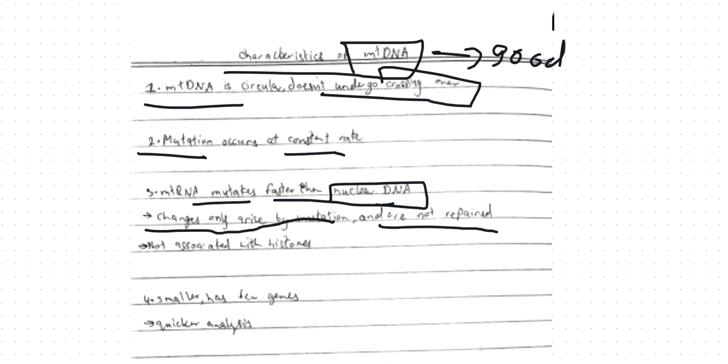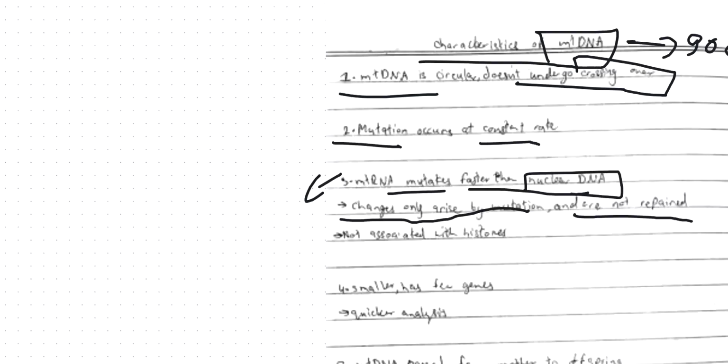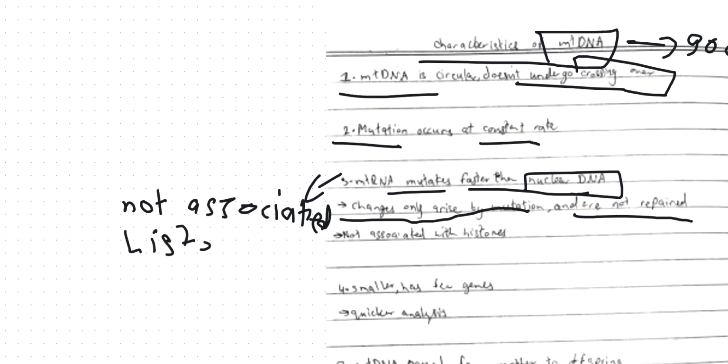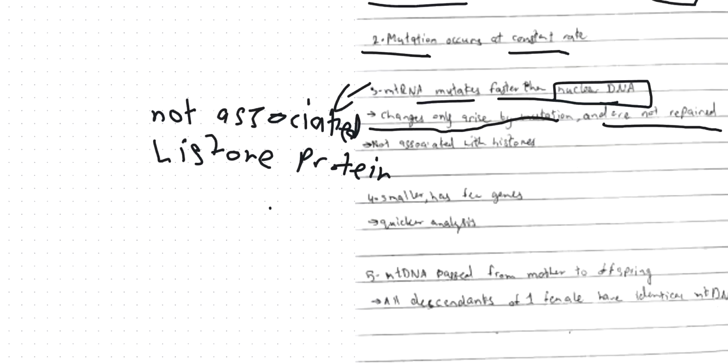A good way we can use mtDNA for evidence is because, remember, mtDNA is not associated with histone protein. Because if there is histone protein, then the DNA can be repaired.